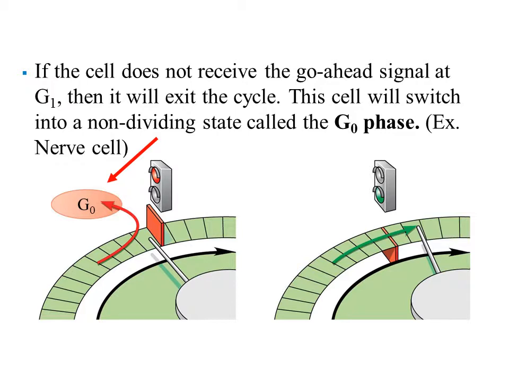If the big beautiful wall is not destroyed, is not lowered, then the cell cannot proceed through the cell cycle. So it will go into a non-dividing state called G sub 0. An example of such a cell is a nerve cell, a liver cell, or a muscle cell.